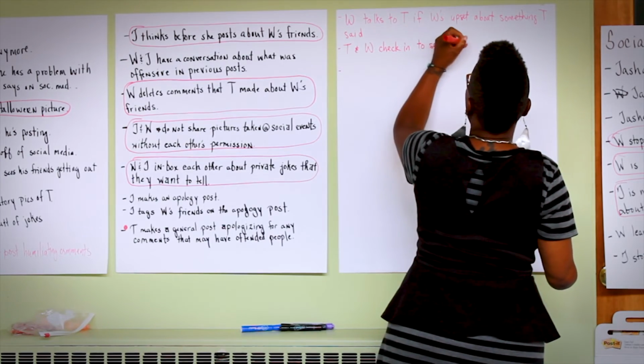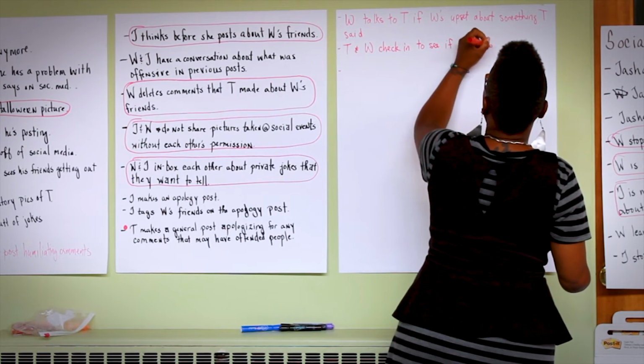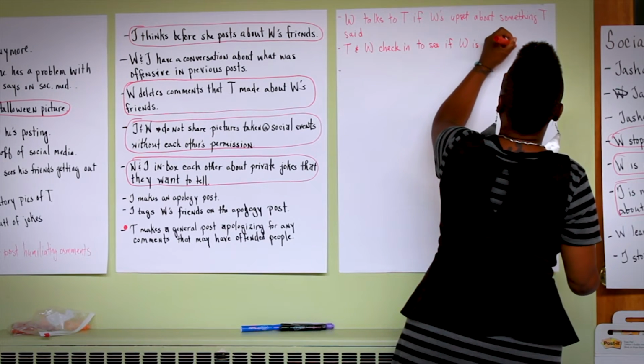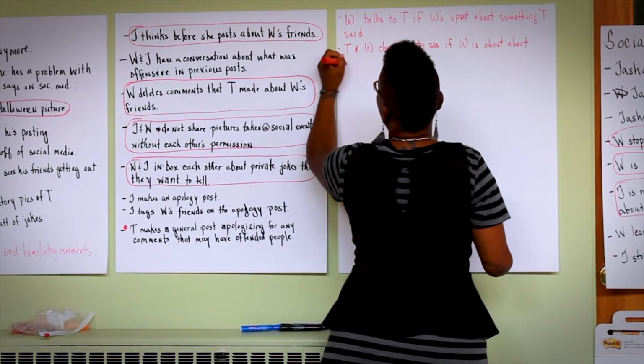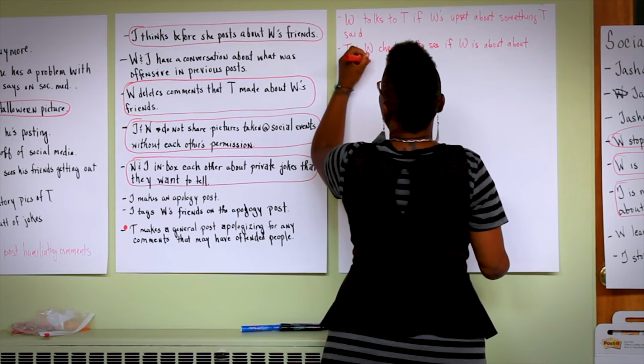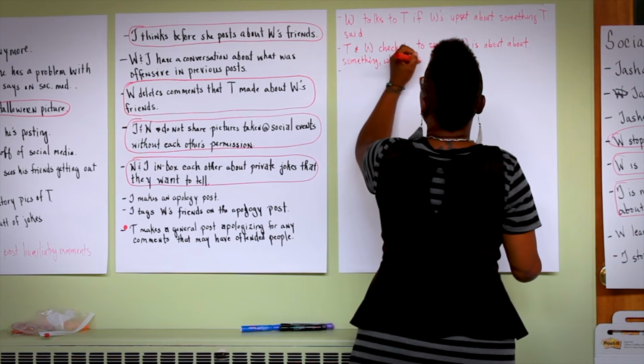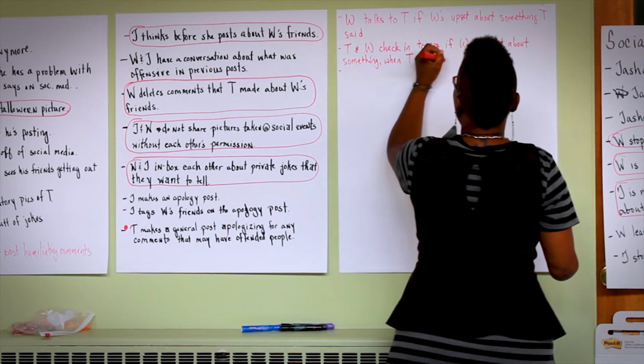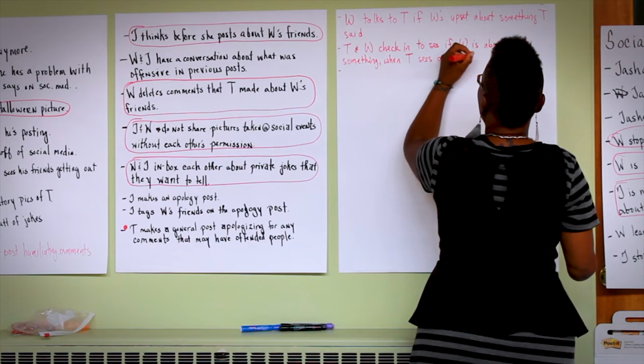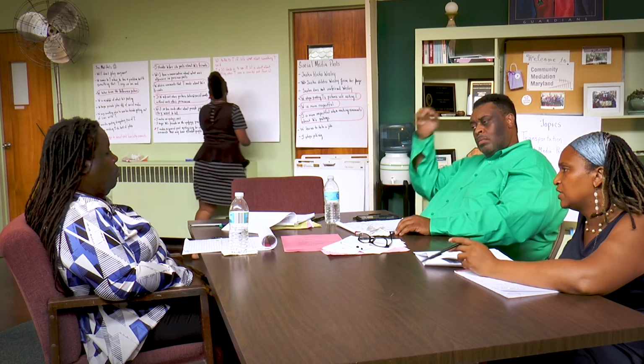To see if Wesley is upset about something when Tasha sees a snarky post. Another idea I think you were saying, Tasha, was that you would talk to Wesley if you're upset about something he said. Is that right?